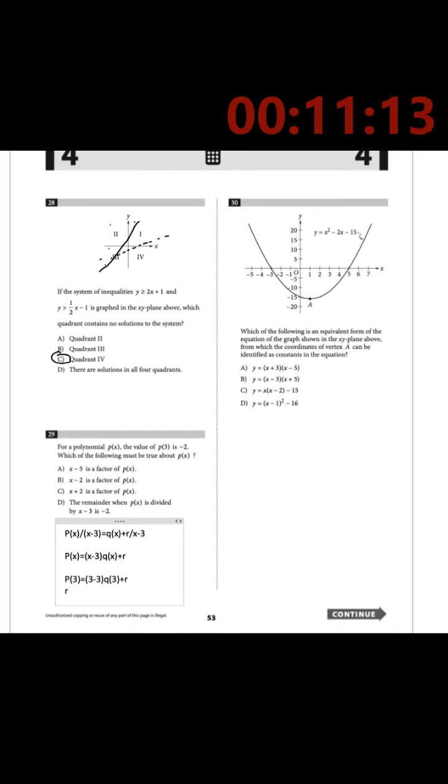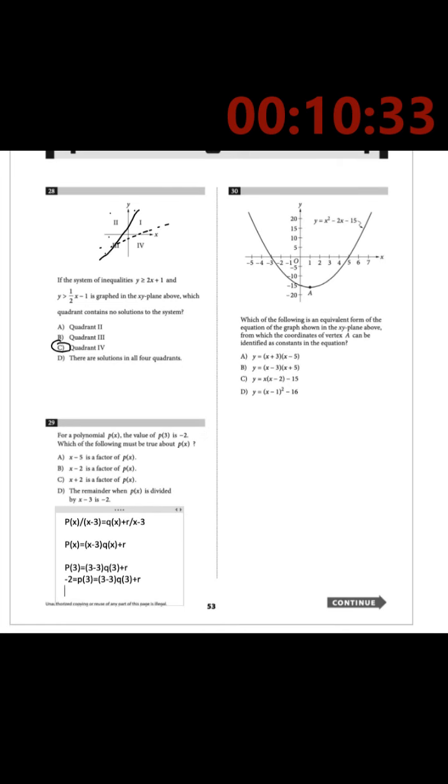So negative 2 equals p(3) equals (3 minus 3) q(3) plus r, and this equals 0 times q(3) plus r.